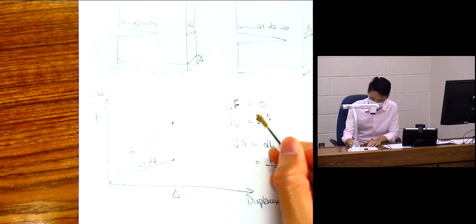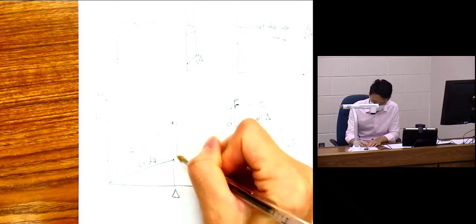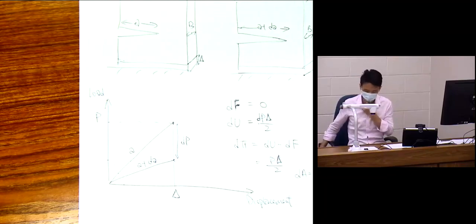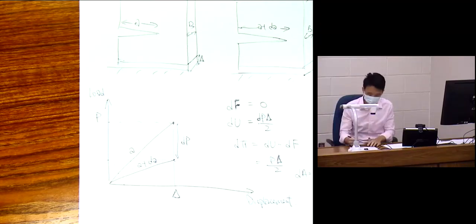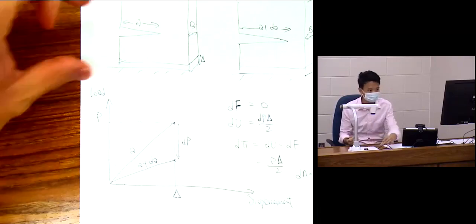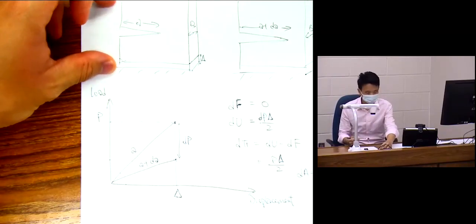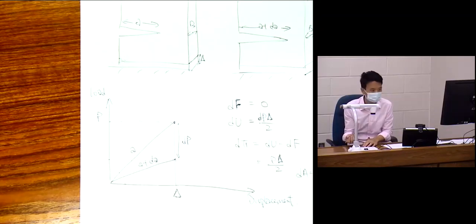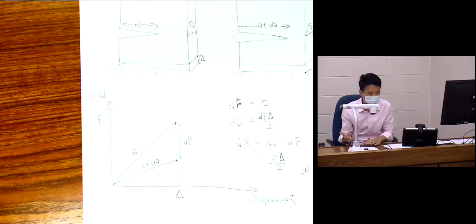So this is dP, the change in force, which is exactly here, P dP. It's just the difference between the end loads. This is P to reach delta. This one is smaller, it's here. Exactly, it's just P plus delta P. So when you subtract the two, it becomes dP.